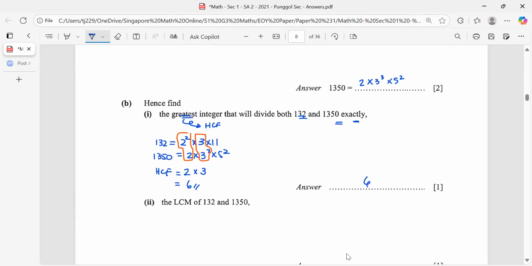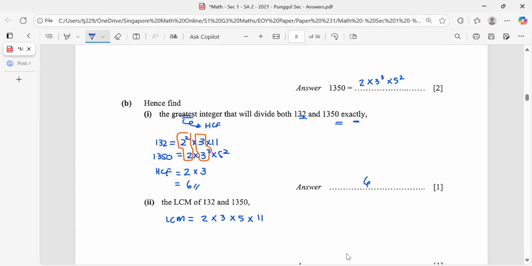Now, in order to find the LCM, we are required to put down all prime factors to the highest power. So in this case, we have 2, 3, 5, and 11 as our prime factors.